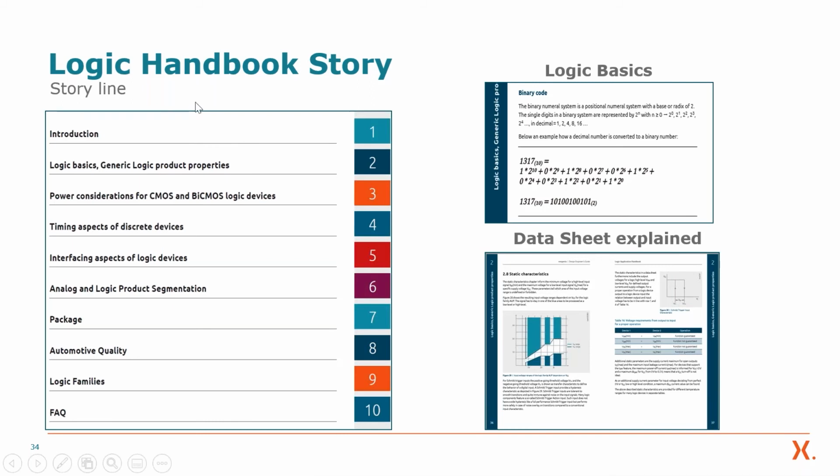We give a brief introduction, and then we cover the basics about logic devices and things like binary code, logic equations, truth tables, and simple logic functionalities in our portfolio. The second part of the second chapter is the data sheet.